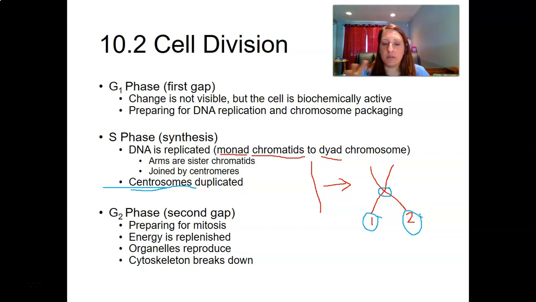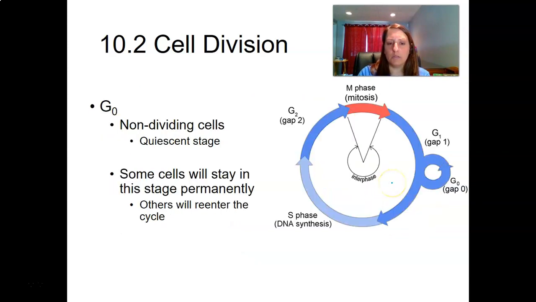And so the cytoskeleton in general is going to start to break down and gear up for mitosis. Okay, so that's interphase in a nutshell. Key things that happen is cells gear up for mitosis, DNA replicates, centrosome replicates. That's pretty much it.